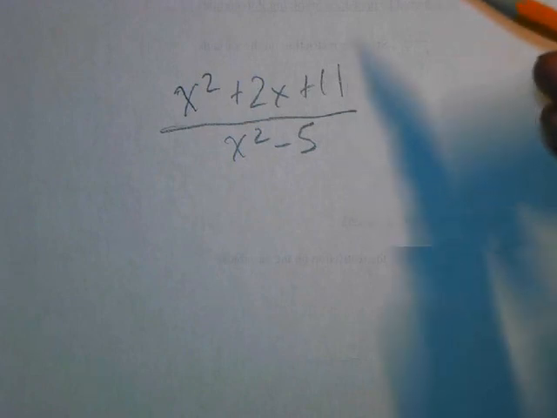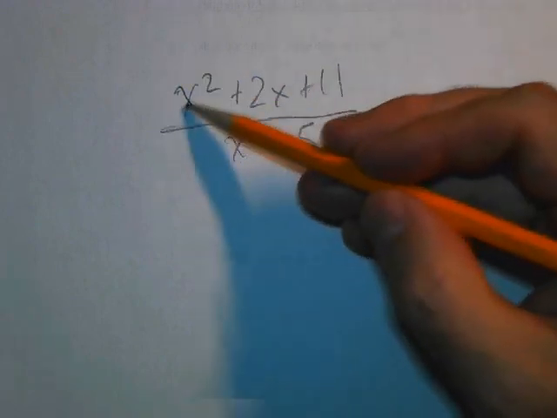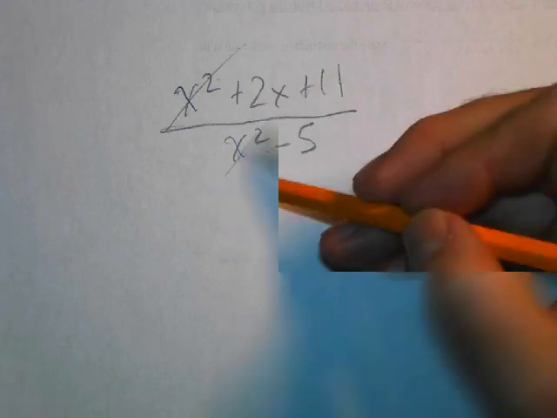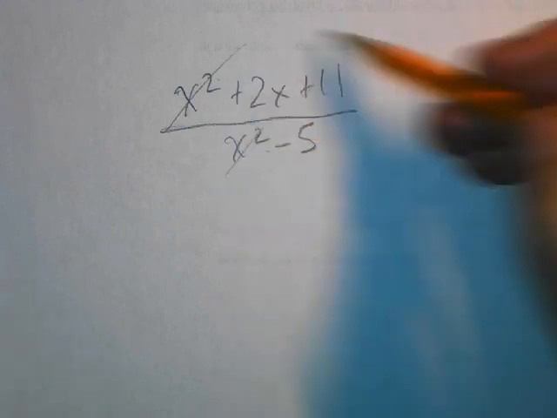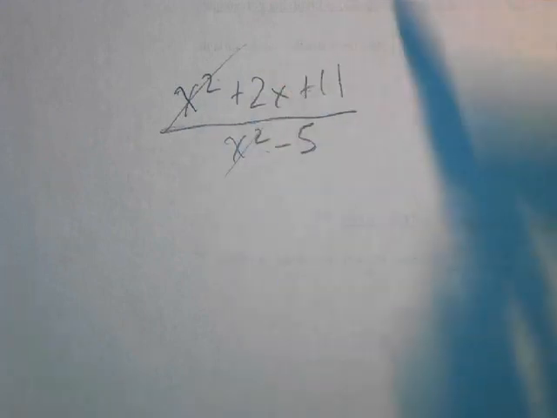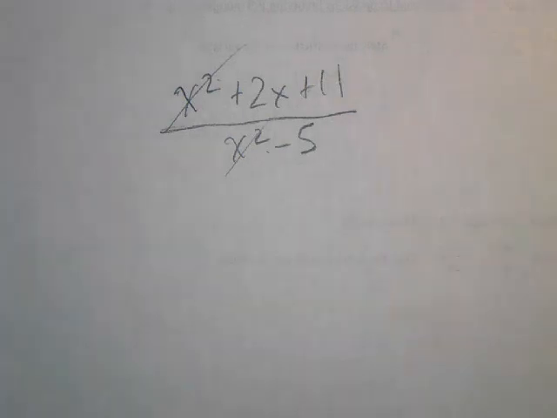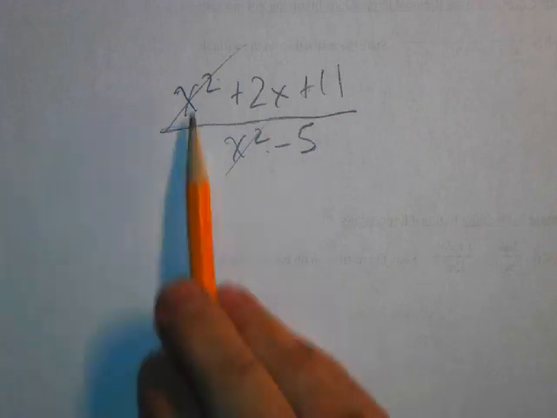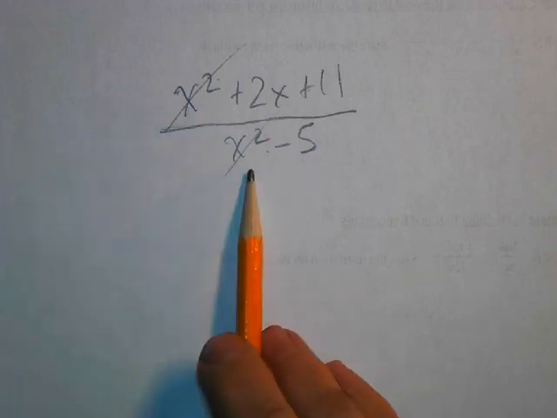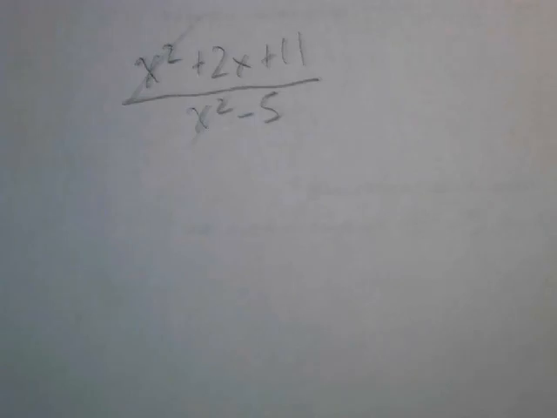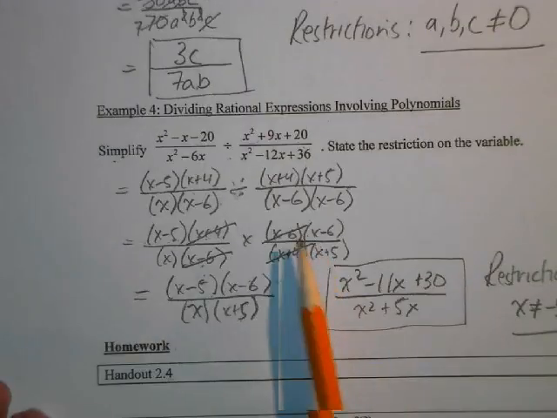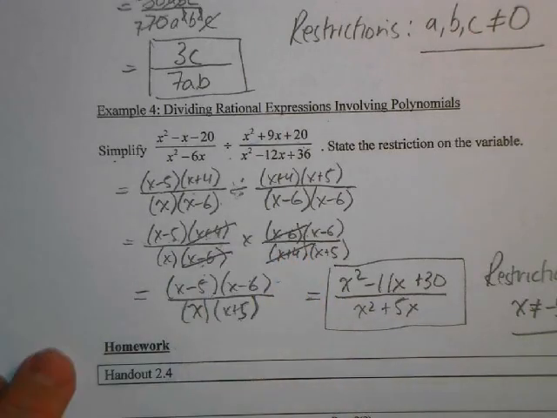But I do see students say, hey, look, I've got an x squared there, I've got an x squared there. Let's cancel them. And then they give me an answer, 2x plus 11 over negative 5. That is completely wrong. The expression that I always use is you can cancel factors, you can't cancel terms. And what this person did was cancel terms, whereas in all the questions we did, the only time we ever canceled something was when it was a factor.